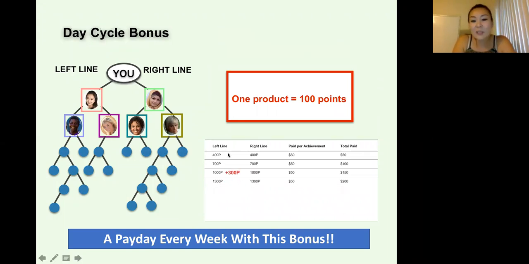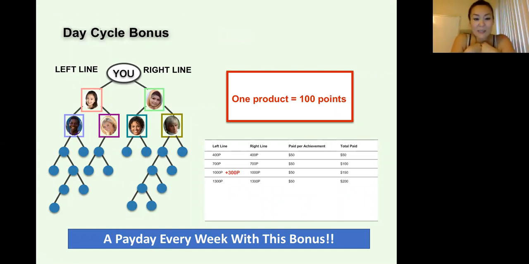So first, you have 400, 700, 1,000 and 1,300. 400 plus 300 plus 300 plus 300. When you achieve 1,300 points on the left side and the right side, it goes back to 400 points again. So instead of adding the 300 points, it goes back to the 400 points.